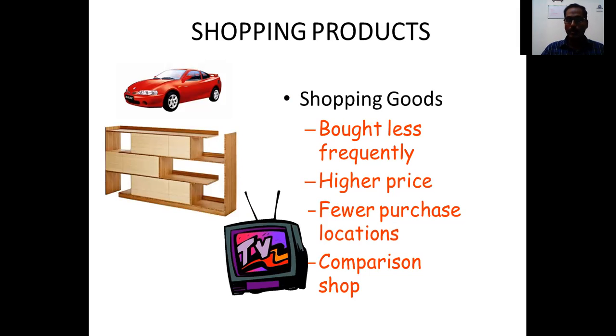So usually before we make purchases, we compare the retailers, or where we are going to purchase it. So that is for the shopping products. It includes a car, furniture, a TV, etc., which we buy once in a while, and we tend to keep at least 3 to 5 years, or sometimes even more than that.